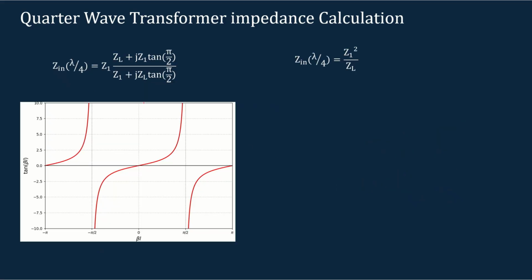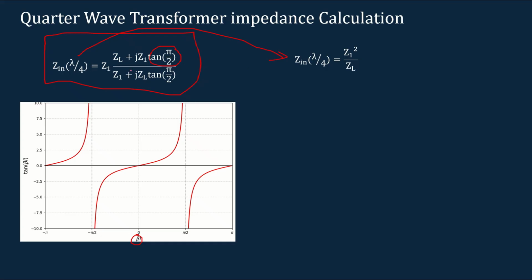If we consider the tan plot, this is a plot showing tan beta L with respect to beta L. Here you can see that when beta L is pi by 2, tan of pi by 2 extends towards infinity, so that term dominates the expression.